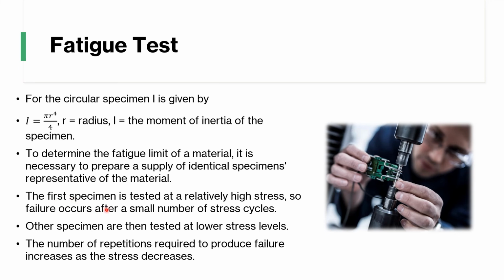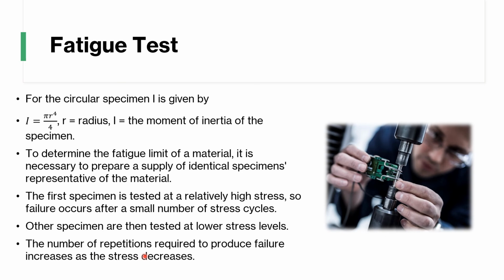The first specimen is tested at a relatively very high stress, so failure can happen after a small number of stress cycles. We don't want to waste time, that's why we put it really high for the first one, and then you repeat. All the other specimens are tested at lower stress levels. So first one you go high stress, second one lower stress, and then the rest.